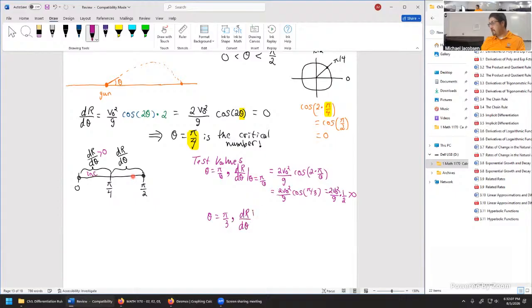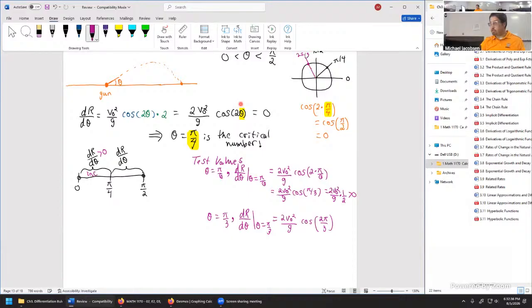Then dr d theta, when theta equals pi over 3, is, go up to the derivative again, 2v naught squared over g, that's a positive constant, cosine. We're plugging pi over 3 here, but also doubling it, so now it's at 2 pi over 3. 2 pi over 3 is right over here.